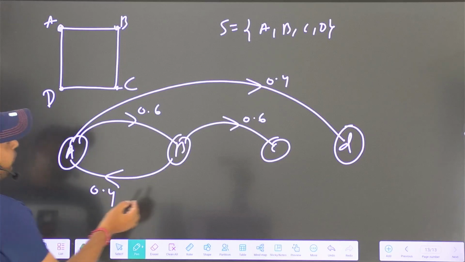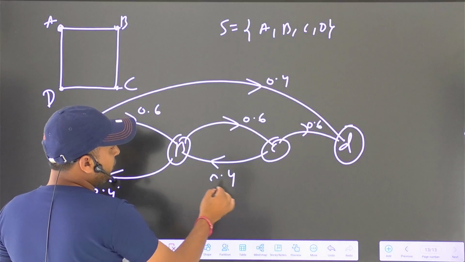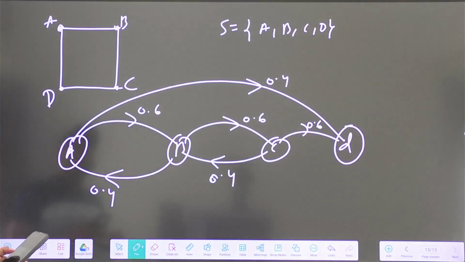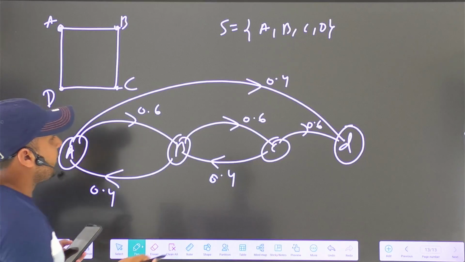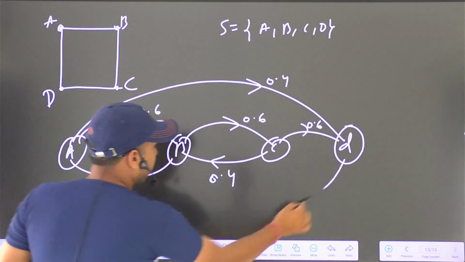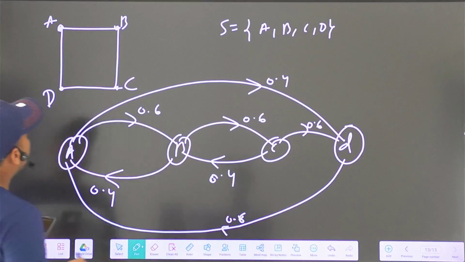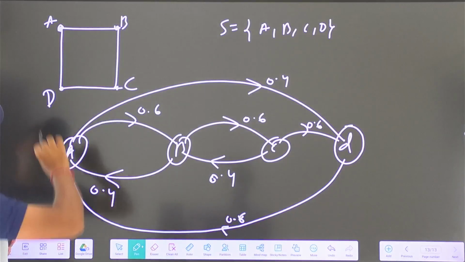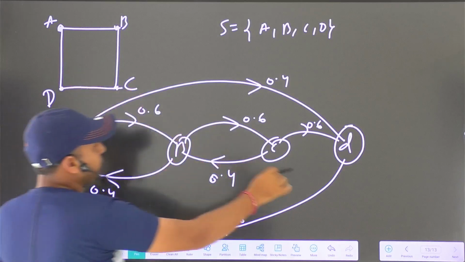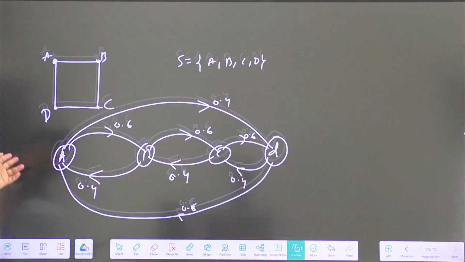Then C to D with 0.6 and C to B 0.4. And then D to A with probability 0.6, and D to C 0.4. So this is the transition diagram.